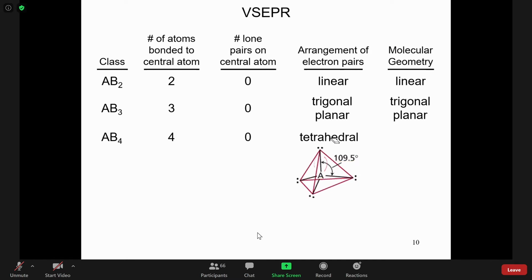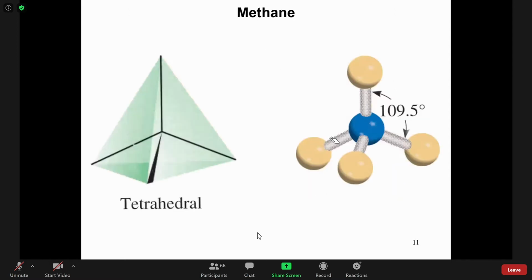And you're going to be seeing a lot of tetrahedral molecules. Once again, the electron pair geometry and molecular geometry are the same. So here it is, your typical tetrahedral molecule. It could also be, for example, CCl4.